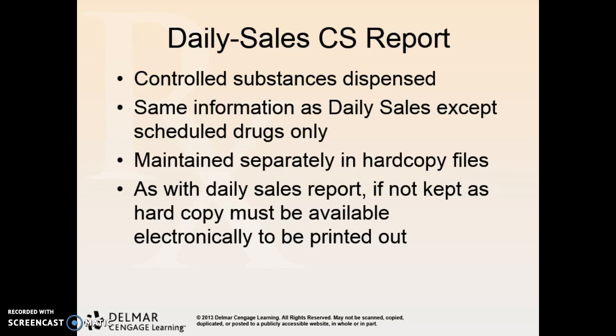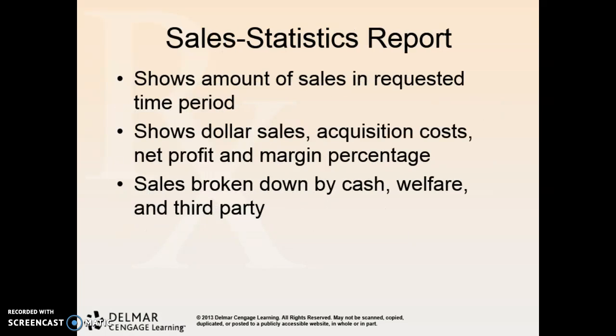If you're not printing them out, you have to be able to have access to them electronically. So make sure you know your particular rules in your particular state. Sales statistics are going to be looking at things like how many were cash, how many were insurance, that type of thing.